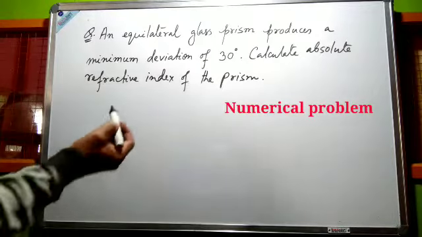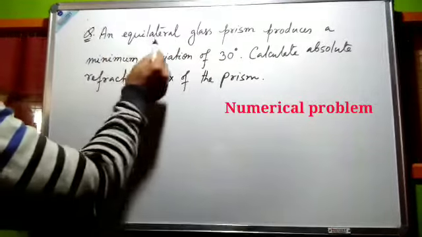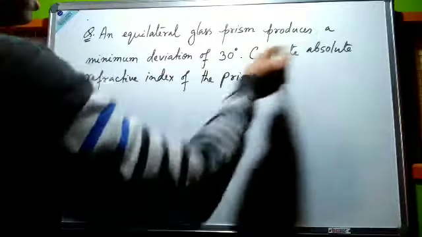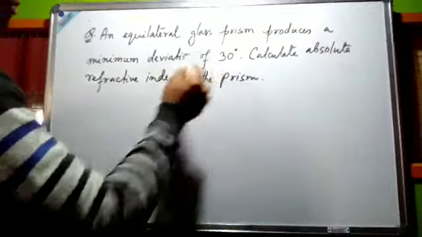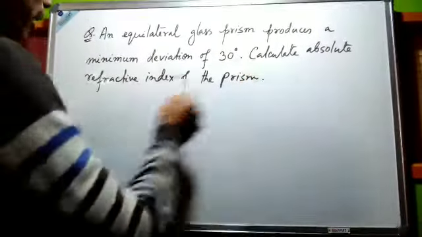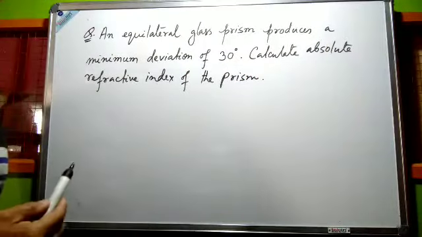The question: an equilateral glass prism produces a minimum deviation of 30 degrees. Calculate the absolute refractive index of the prism.